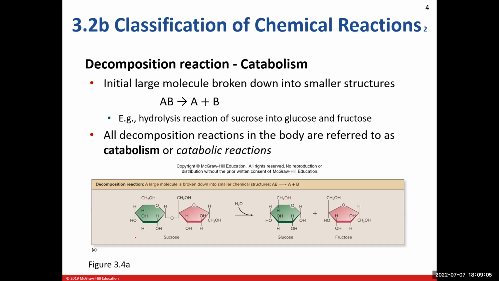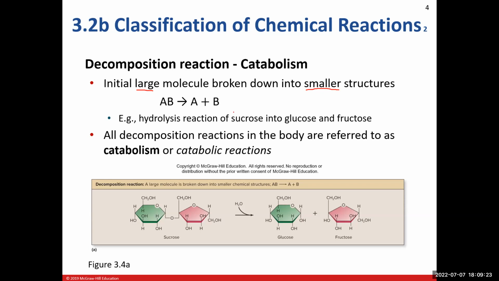We start off with something large, and then we break it down into something smaller. So our chemical reaction that you see here, AB, undergoes a chemical reaction, and then we're left with A plus B as our products here.